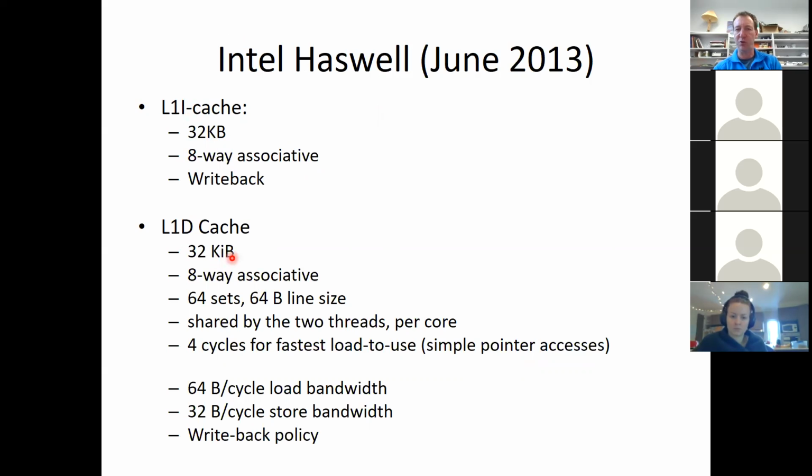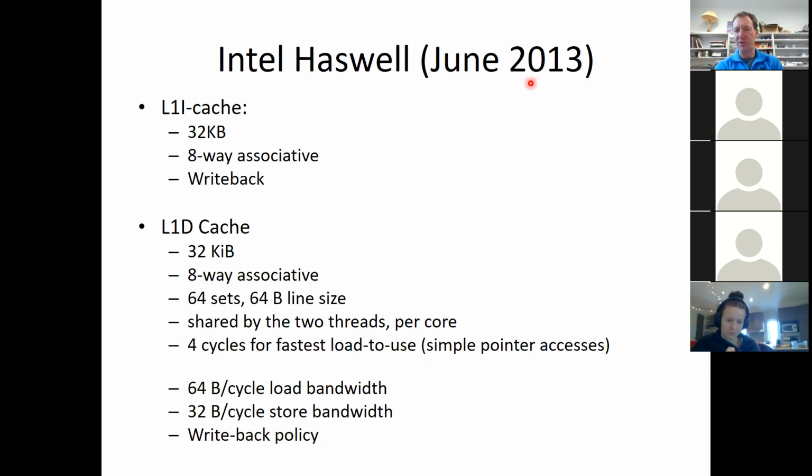If you look at the data cache, it is 32 kilobytes and 8-way associative. It is organized in 64 sets of 64-byte line sizes. These caches are shared by 2 threads on 1 core. They have an access time of 4 cycles for the fastest load-to-use, so it's a simple pointer access. The bandwidth is 64 bytes per cycle for load or 32 bytes per cycle for store, and the write policy is write-back.